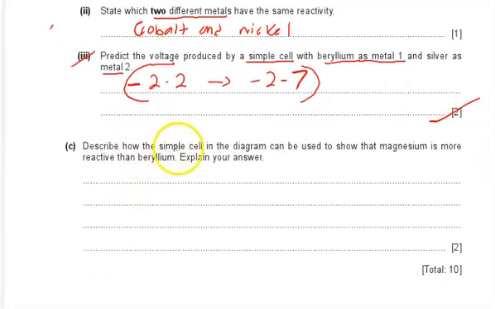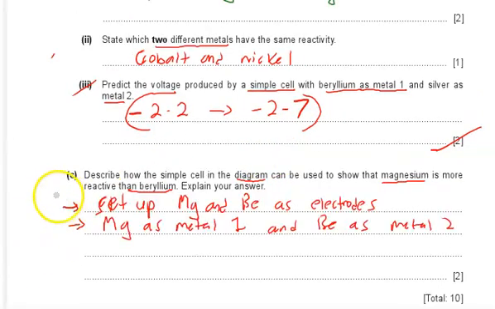Now here, last one. Describe how the simple cell in the diagram can be used to show that magnesium is more reactive than beryllium. Explain your answer. So we can explain in this way. We set up magnesium and beryllium as electrodes, magnesium as metal 1 and beryllium as metal 2.